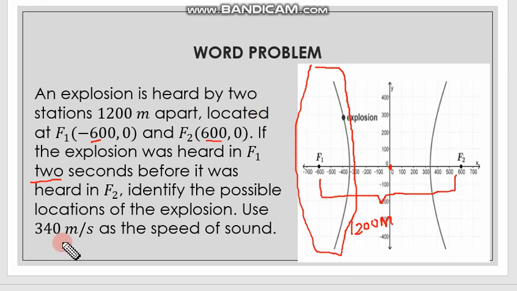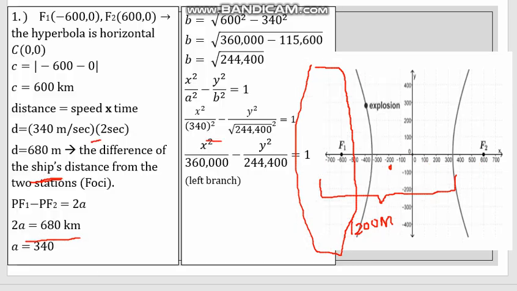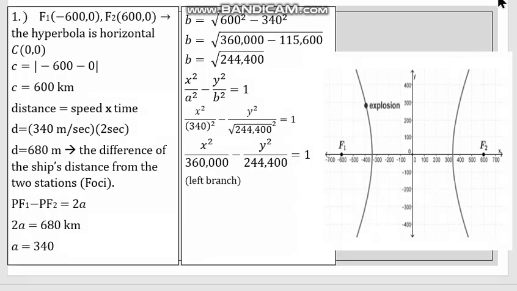It is given here the time, which is 2 seconds, and the rate, that's 340 meters per second, the speed of sound. Now, the locations are negative 600 and 600, so we know this is horizontal, and the center is at the origin.